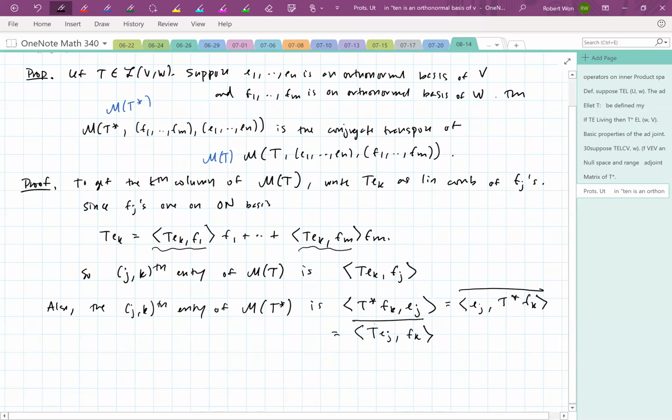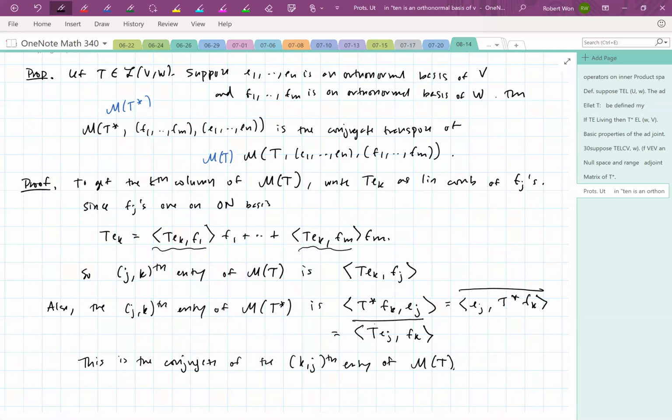But now, this thing is exactly the complex conjugate of the kjth entry of M of T. So the kjth entry of MT is the complex conjugate of the jkth entry of MT star.